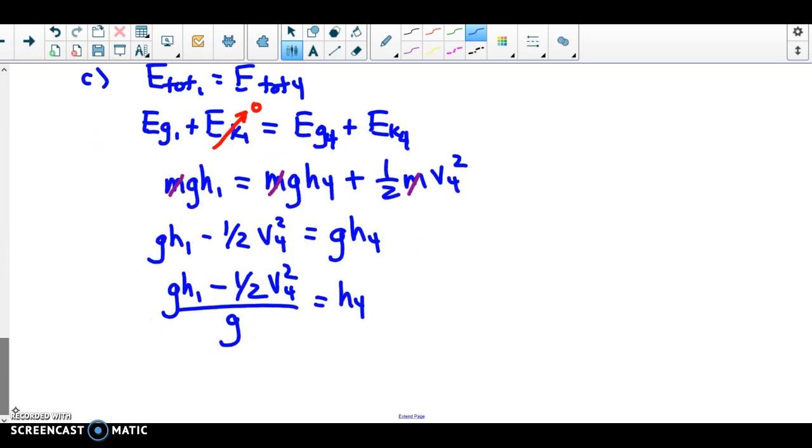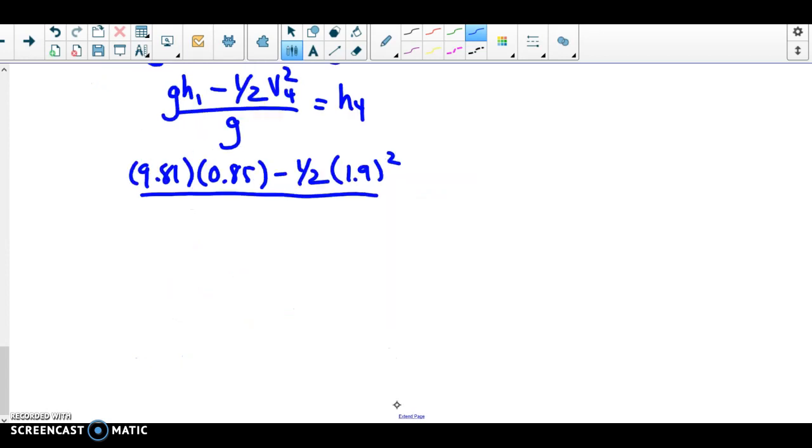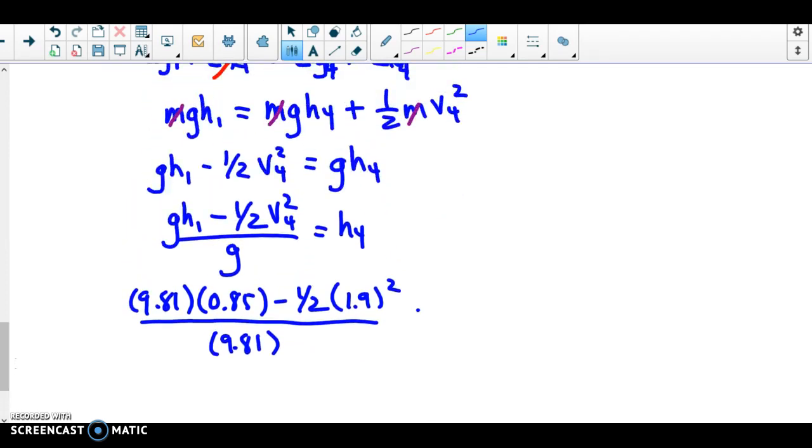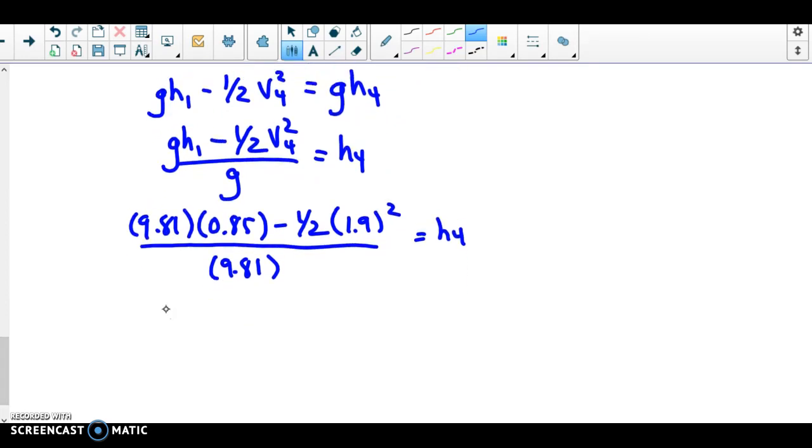Now I just need to substitute in some numbers. 9.81 times the original height, 0.85 meters, subtract 1/2 times the speed at point 4, which was 1.9 squared, divided by 9.81. That's equal to h4. So now I'm going to simplify this one step at a time. The first term will be equal to 8.3385, which I know to 2 significant figures.